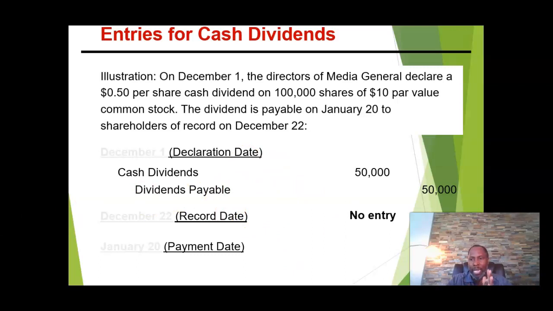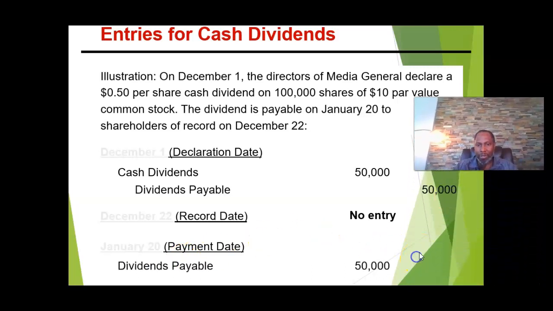No entry is required in the general journal. We'll just make note of who the registered stockholders of our stock are as of this date. Because when we do send a payment out, we'll send it to those stockholders who are registered as of the 22nd of December.